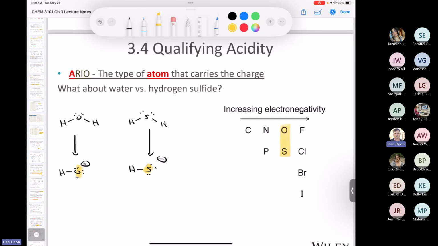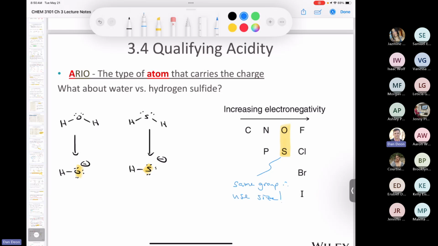Well, we see that oxygen and sulfur are in the same family, or the same group. So we do not use electronegativity. We use size. So same group, therefore use size.